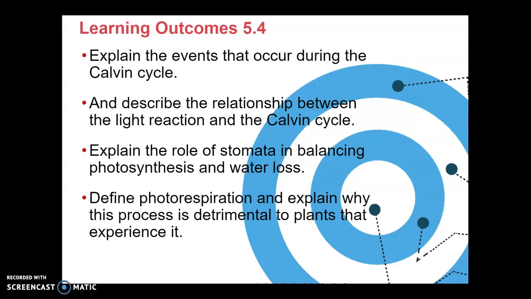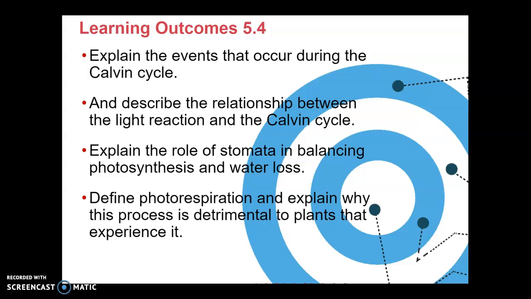And then we're also going to be looking at the concept of transpiration. And so if you look at learning outcome 3, explain the role of stomata in balancing photosynthesis and water loss. That's something that we're going to be diving into in this video. And then in the next video, we're going to look at C4 and CAM, which are 2 different routes of doing photosynthesis in a different way.